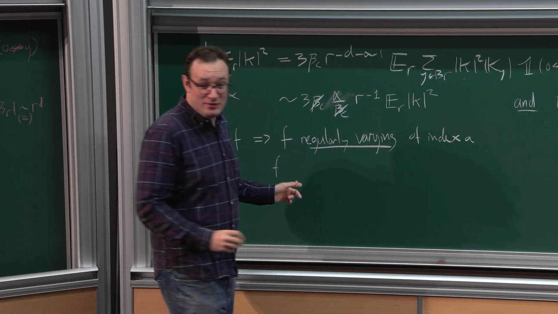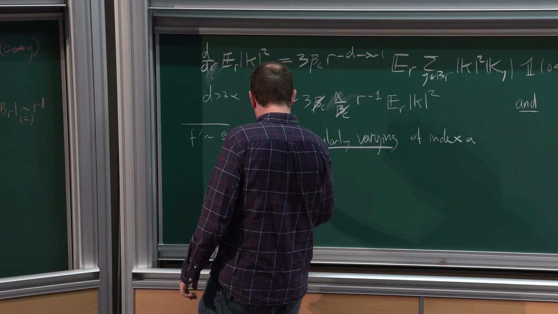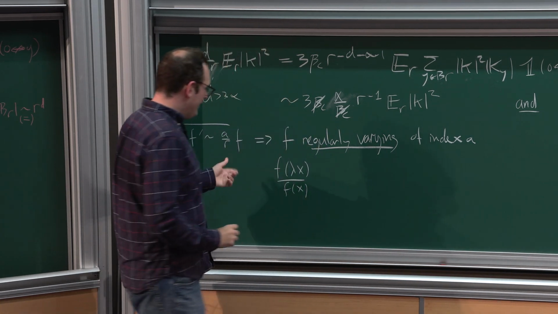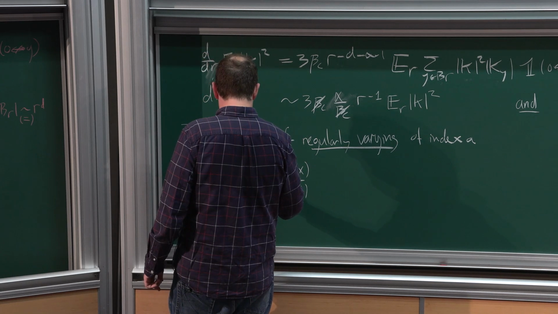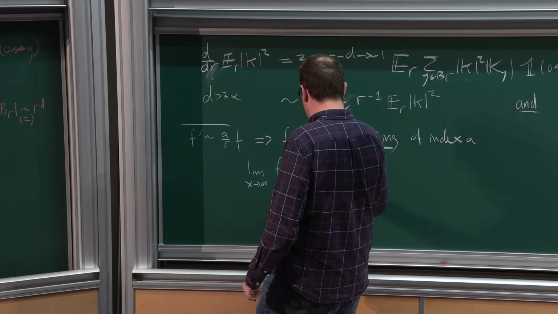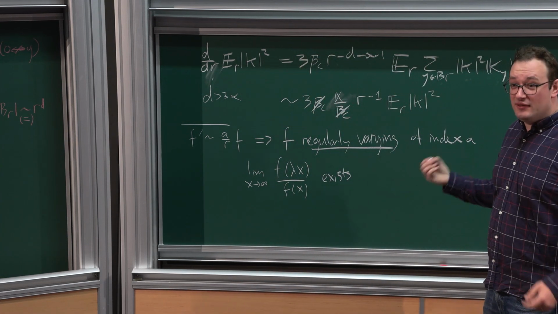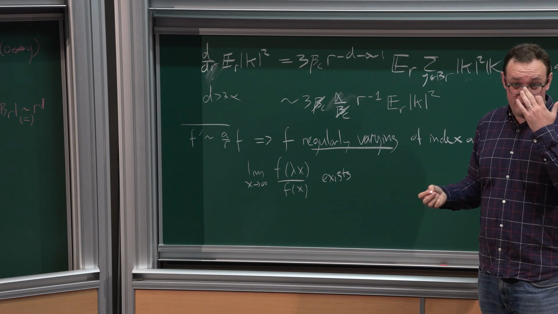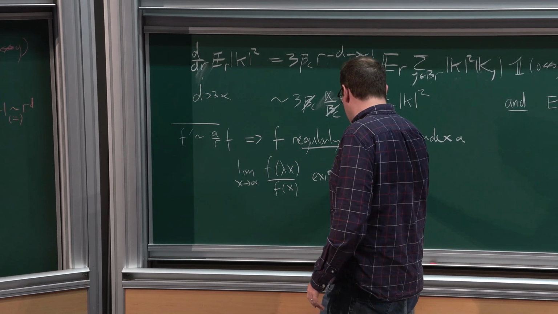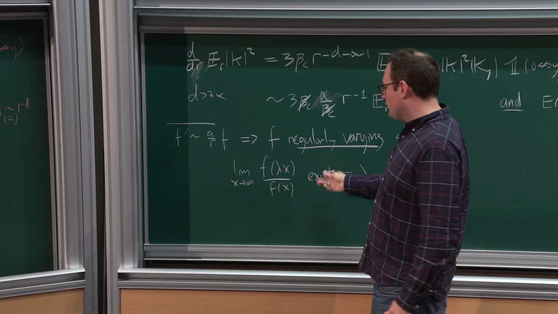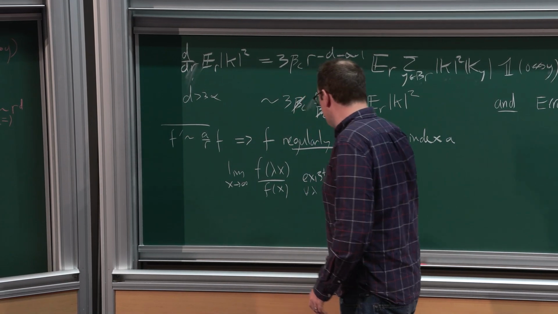So a function is said to be regularly varying if, when you look at the ratio of f of lambda x to f of x, and you take x to infinity, that this limit exists. In fact, it's a basic theorem from the theory of functions of regular variation that it should exist for all positive lambda.